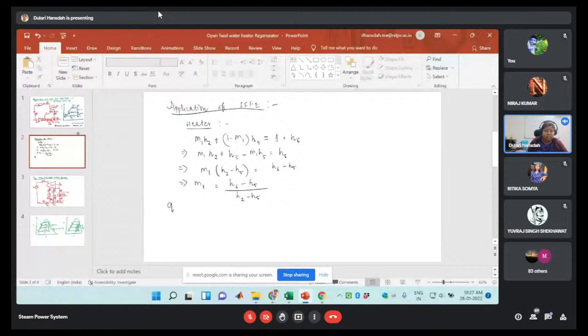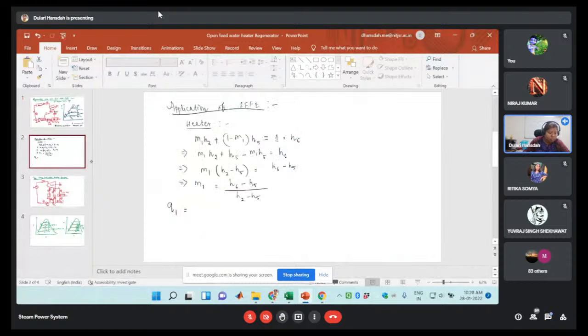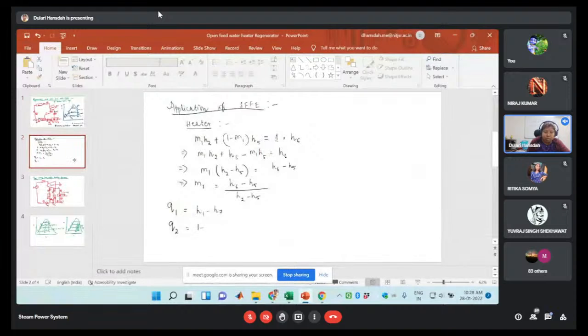Now I am going to find out the heat addition. Let us take it as Q1. Heat addition will be H1 minus H7. Heat rejection, let us take as Q2, will be 1 minus M1 into H3 minus H4.